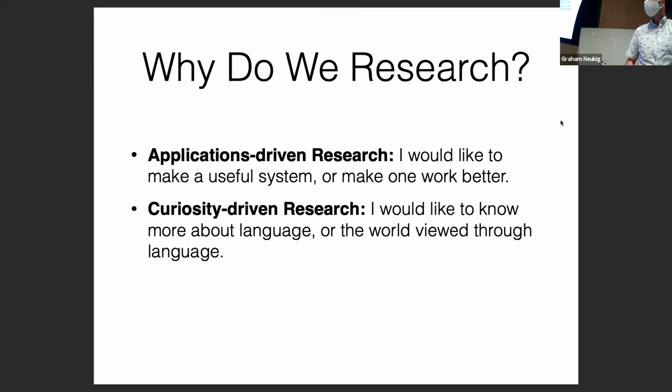And you can also have curiosity-driven research where you'd like to know more about something. For example, in computational linguistics, you'd like to know more about language. Or in computational sociolinguistics, you'd like to know more about the world as viewed through language. You might also want to know more about the internals of how models work or other things like that as well.